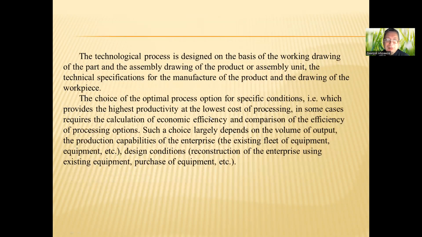The technological process is designed on the basis of the working drawing of the part and the assembly drawing of the product or assembly unit, the technical specifications for the manufacture of the product, and the drawing of the workpiece.